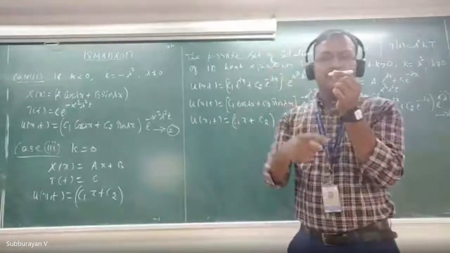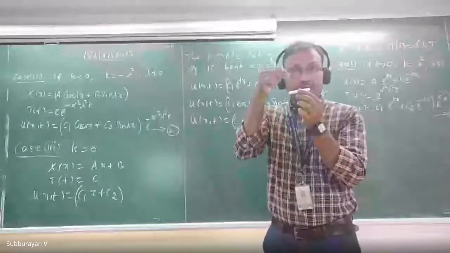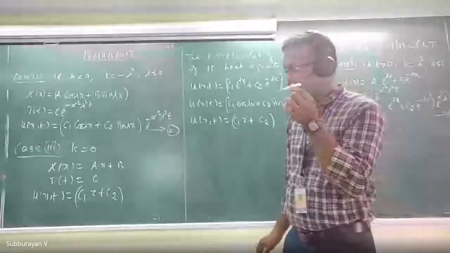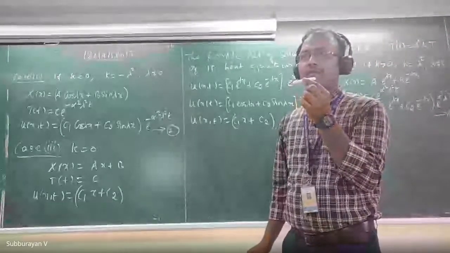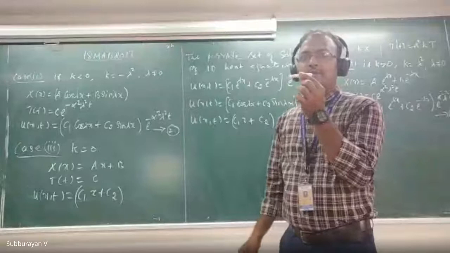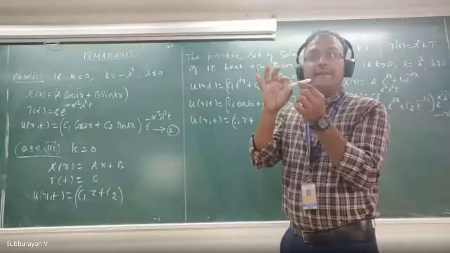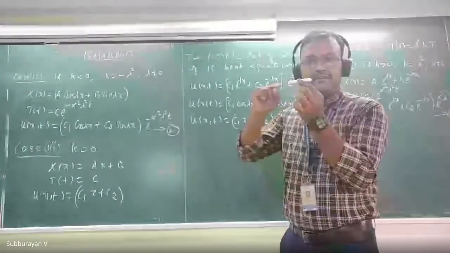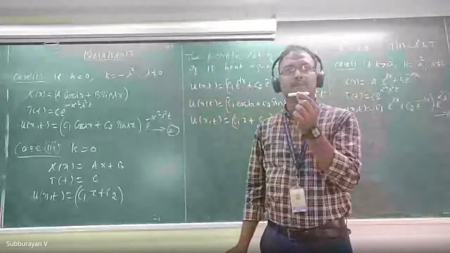When time goes to infinity, the temperature should go to 0. Do you agree? If you remove the heat source, the temperature will reduce automatically, or in other words, the temperature goes to 0 as time tends to infinity. Do you agree? Yes, sir.